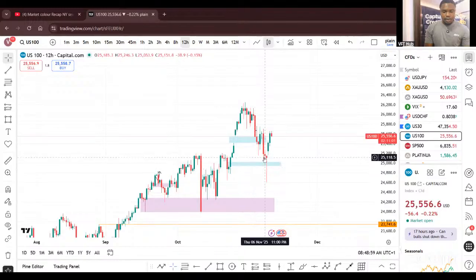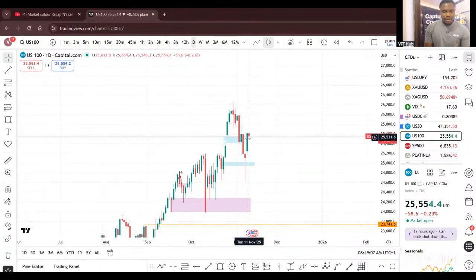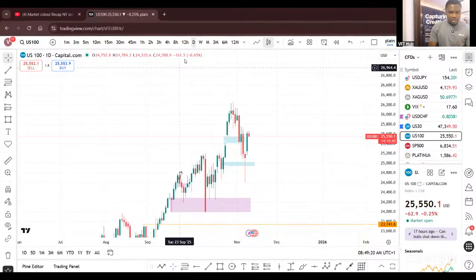But we don't have the engulfing yet. I believe with what we have here that we are bullish, because this week followed by this candlestick is a strong indication of bullish strength in the market.